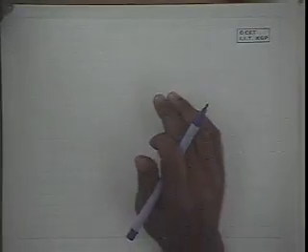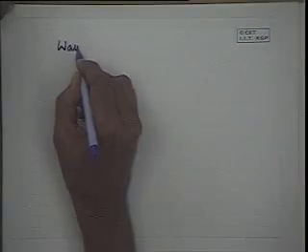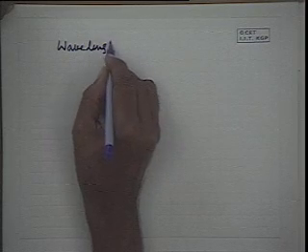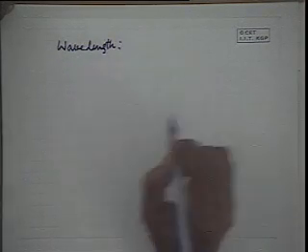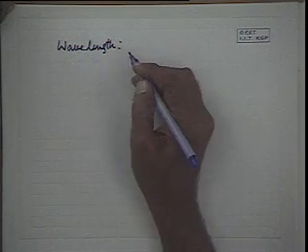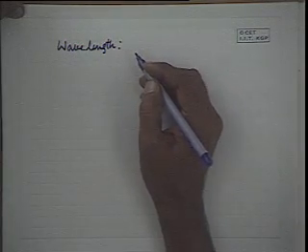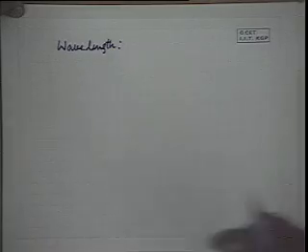Now there is another concept which is known as wavelength, related to the time period or frequency. Say when the signal is propagated in space, it occupies some distance within a time.